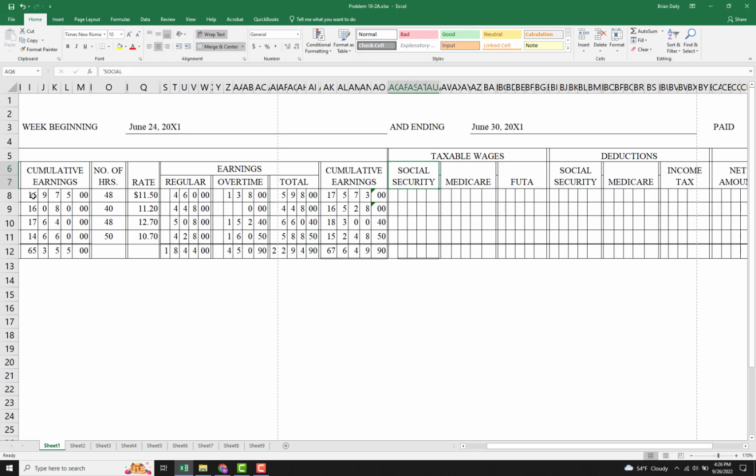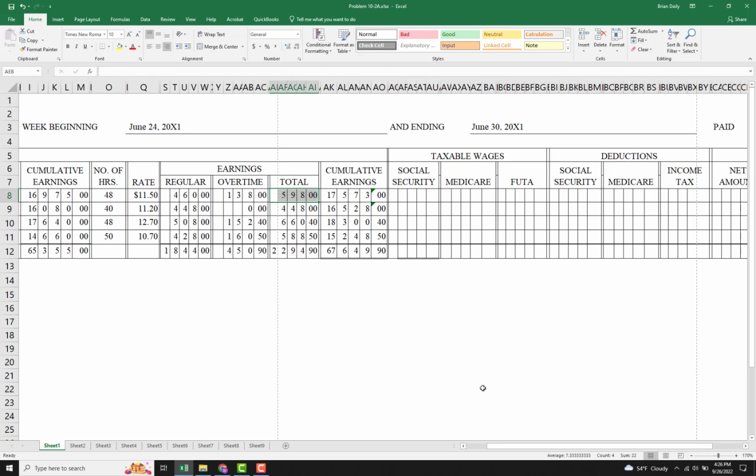And what we should look at first is the cumulative earnings prior to the current week, and we see that no one was anywhere near $132,000 individually. And then also after this week's pay, none of the employees are anywhere near that limit. So what that tells me is that all of this week's paycheck, the gross pay for each employee, is going to be fully taxable for Social Security.